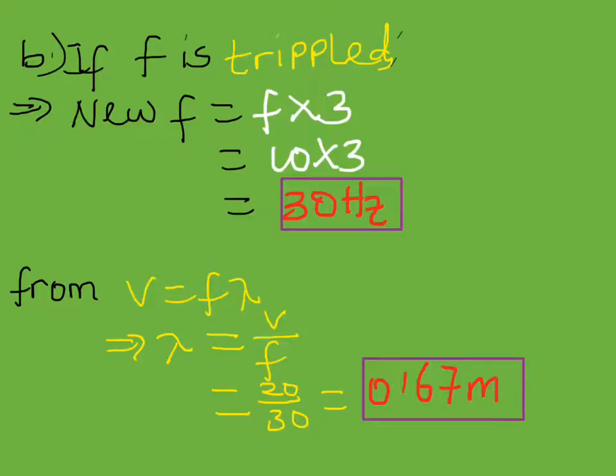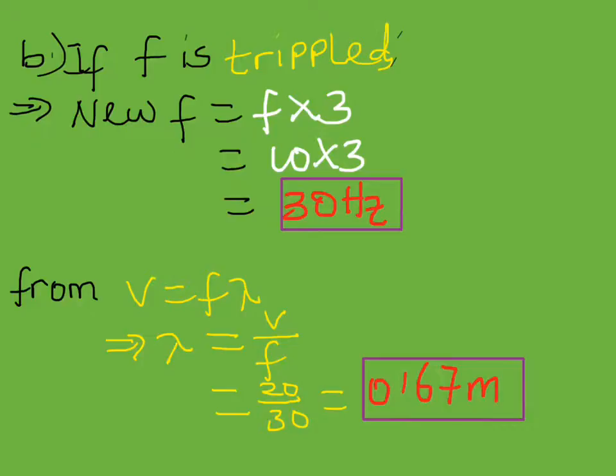What difference can you make out between the new wavelength and the previous wavelength? Remember, the original wavelength of the wave was 2 meters, and we've calculated the new wavelength to be 0.67 meters.